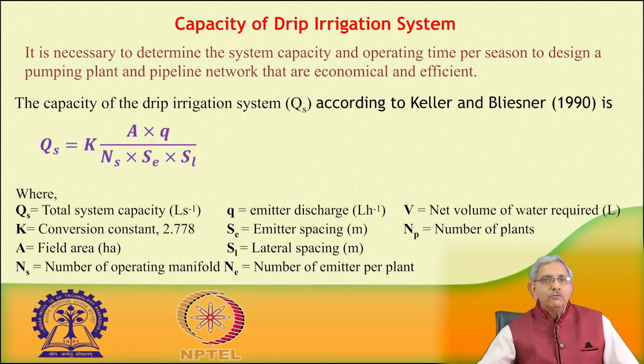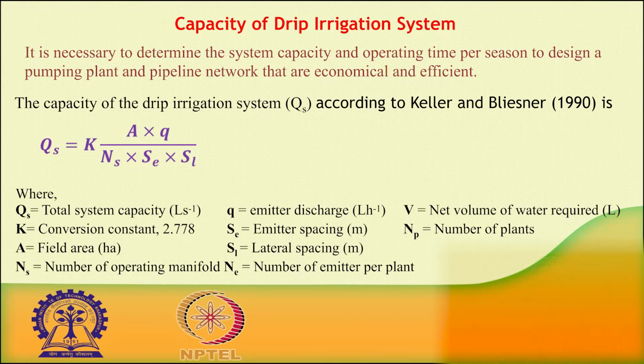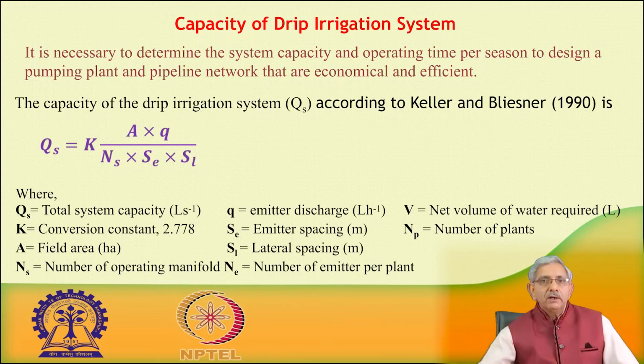Now, when we want to find the capacity of a drip irrigation system, it is necessary to determine the system capacity and operating time per season, to design a pumping plant and pipeline network that are economical and efficient.